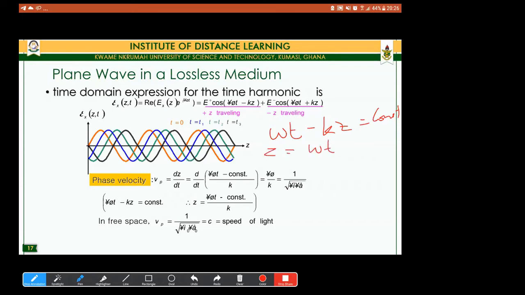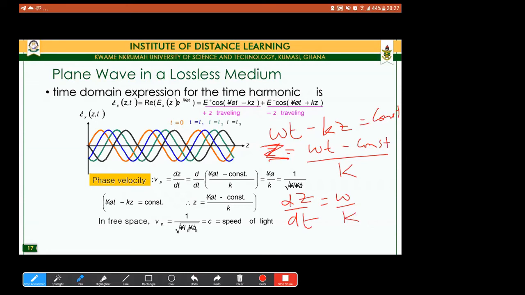Omega t minus constant, all divided by k. If we differentiate z with respect to t, then dz/dt will be equal to omega, because we're differentiating with respect to t. If we differentiate a constant, it is 0. So omega divided by k.